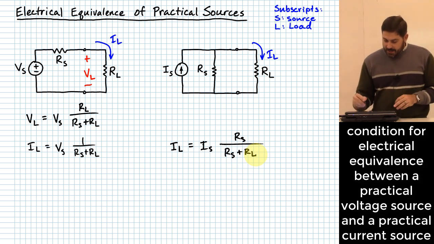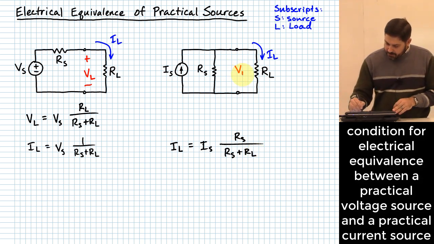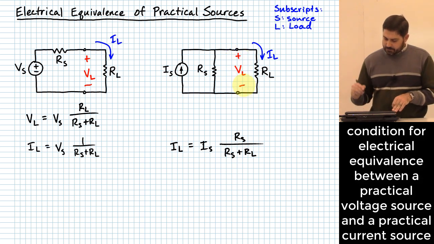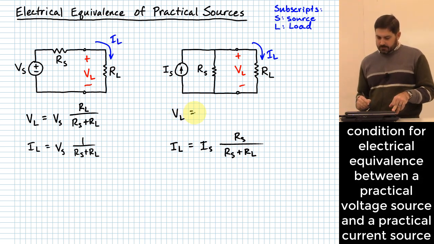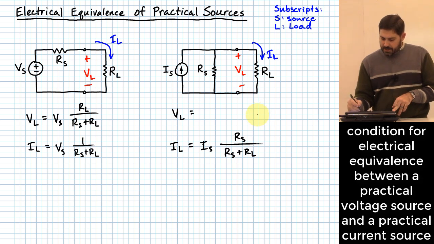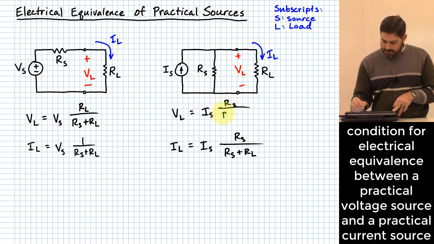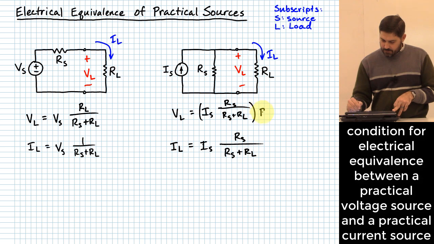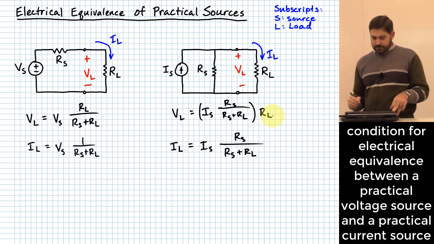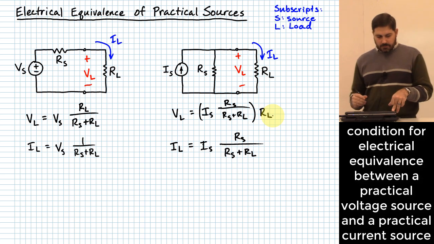And what is VL going to be? VL being the voltage across that load resistor. Okay? Yeah, all it is just all of this stuff, IS times RS over RS plus RL times what? RL. Okay?